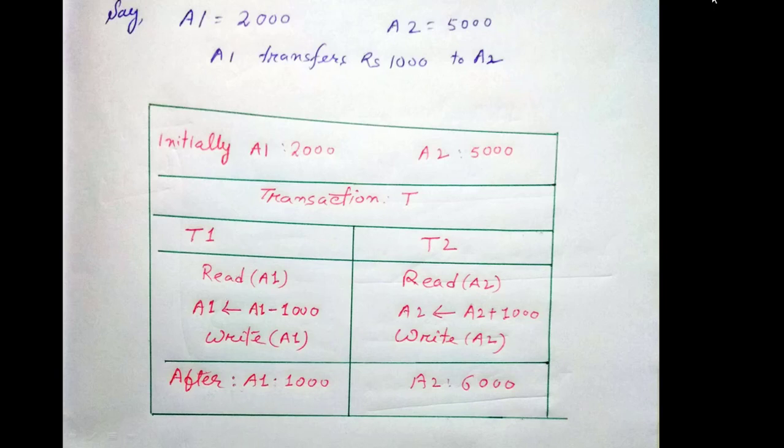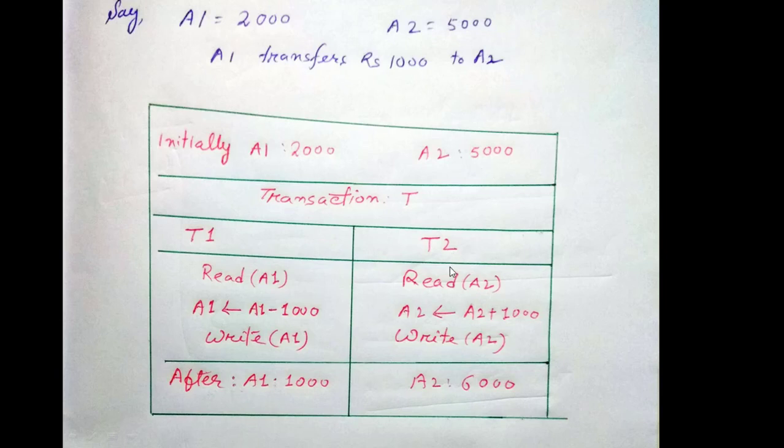Now these are the sequence of operations. Read A1, then 1000 is subtracted from A1 and stored in A1, and write A1 means this change is now made to the memory.